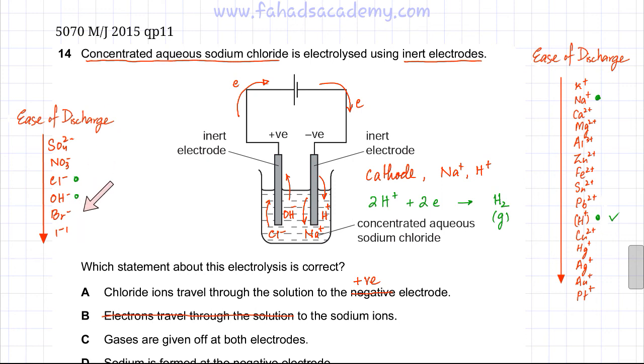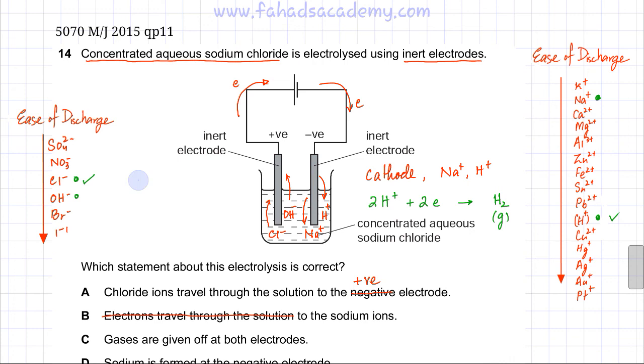But remember that since it's a concentrated solution of aqueous sodium chloride, it's always going to be Cl-1 that ends up getting discharged because of the higher concentration. So remember this: Cl-1 is an exception. Whenever the solution is concentrated, it's Cl-1 that ends up getting discharged.